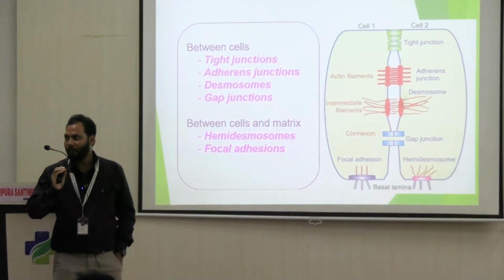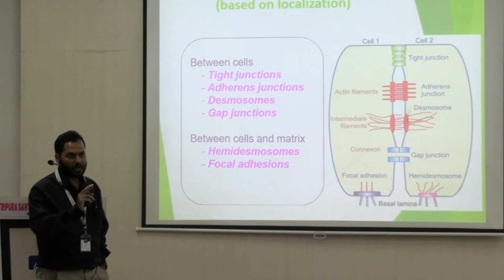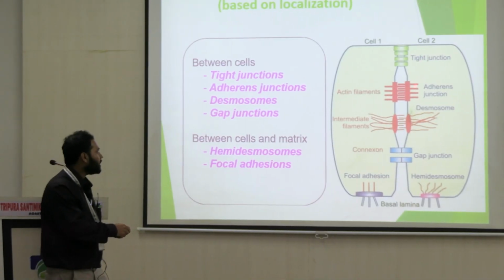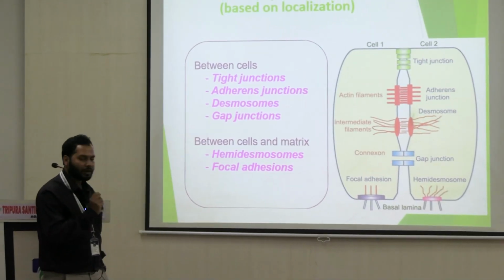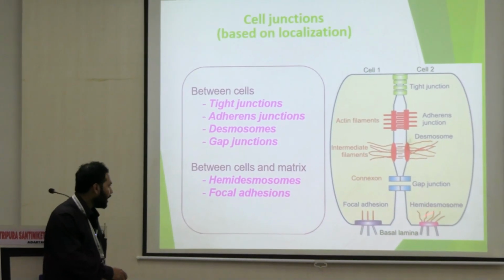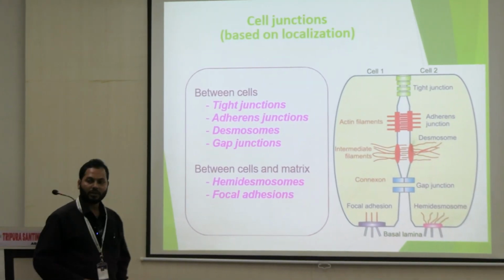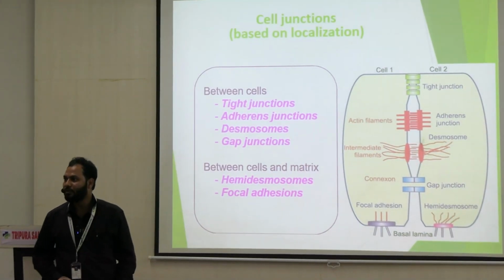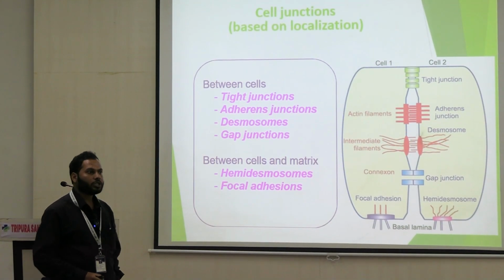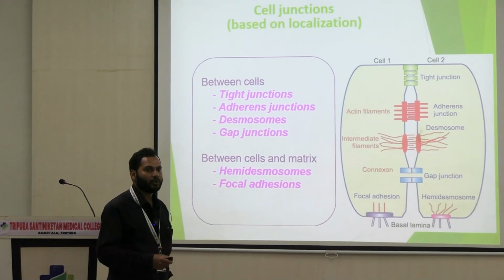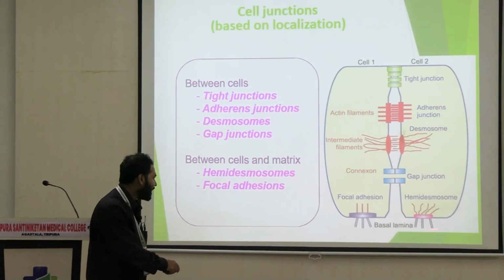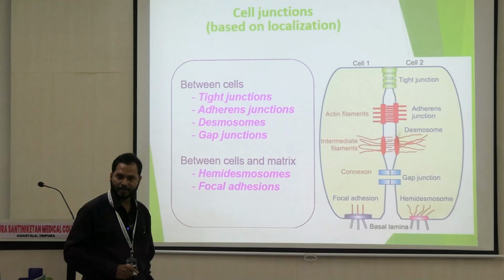All these four are mainly involved with the connection between cells, right? But hemidesmosome and focal adhesion are two different types of cell junctions which form the junctions between cell and cell matrix or extracellular matrix.